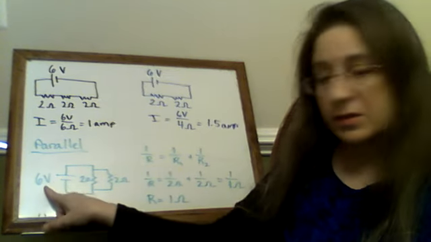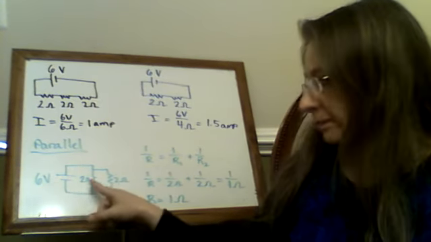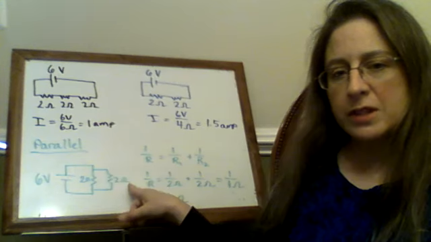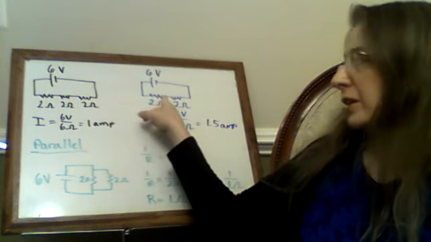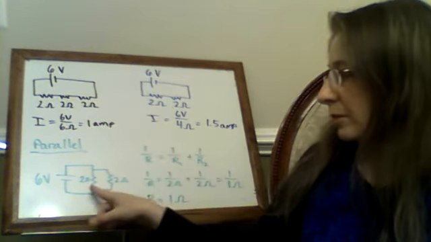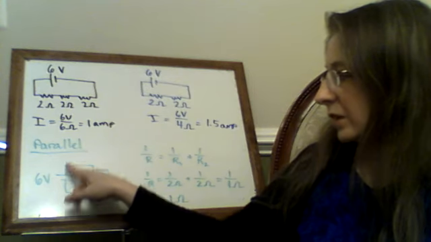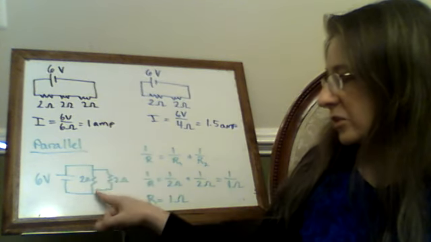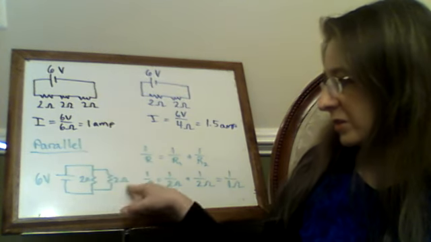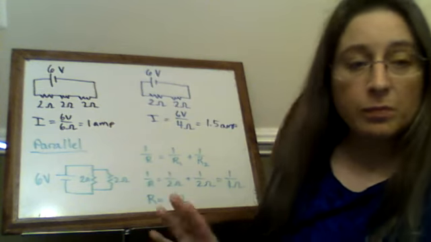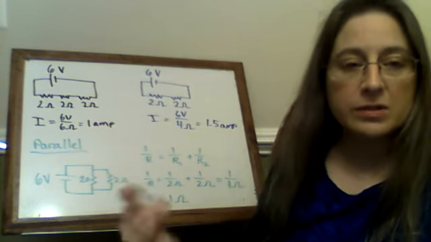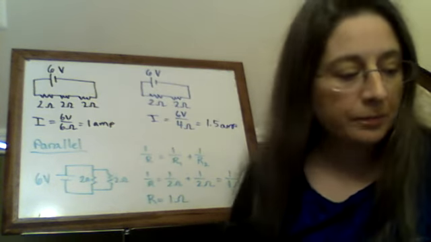So in this case, you can see I'm using a 6-volt battery. I have 2 2-ohm resistors, but they're not lined up like they are here, right? So when the electrons flow, they can choose this resistor or they can choose this resistor. They always go one way or the other. They don't go through both resistors. Each electron will go through one or the other.